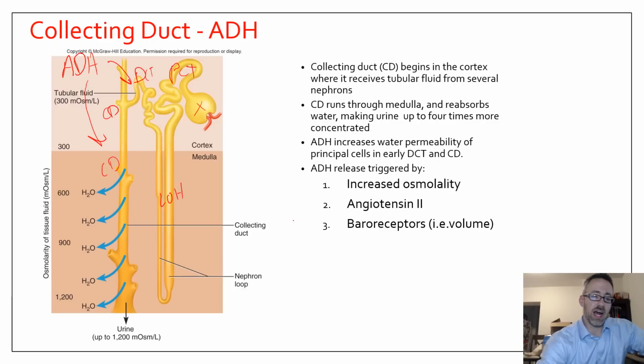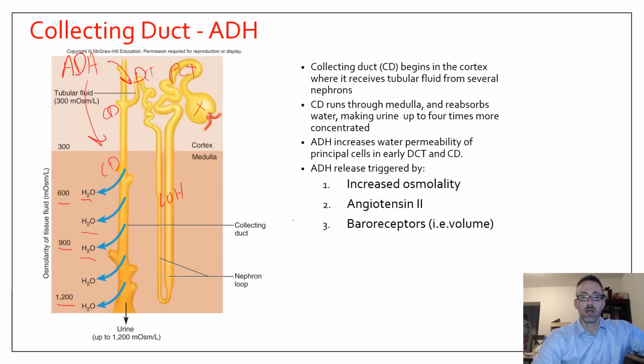So if I have a very high concentration, you see in the medulla the concentration gets higher and higher. Now, in the presence of ADH, that's going to make the collecting duct permeable, and so water will readily leave the collecting duct and go towards the higher concentration, into that interstitial medullary region.